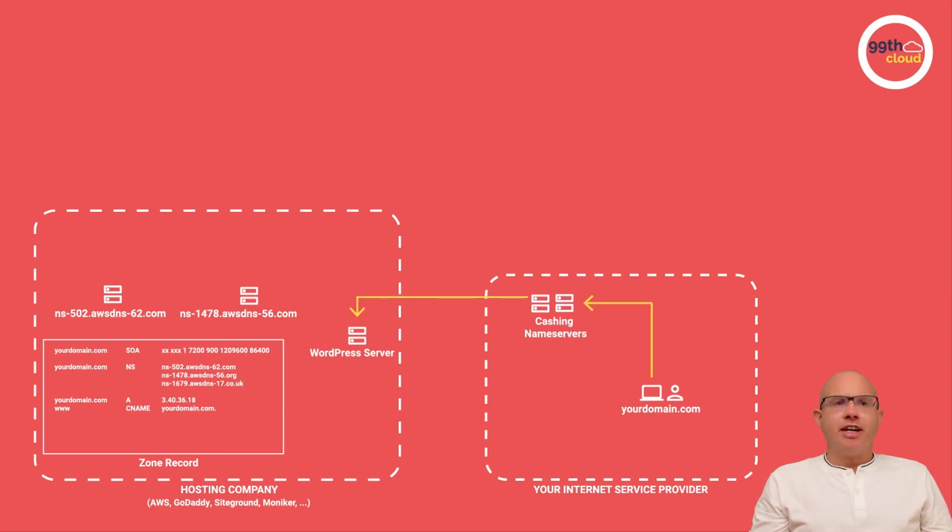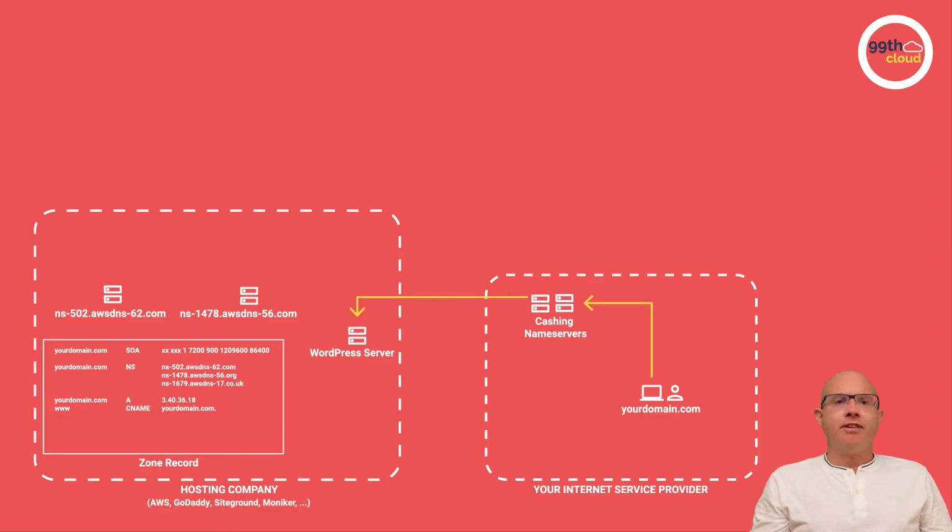So if you make a change in the zone file, it might take between 5 minutes and several hours before the record at your ISP is updated, and you might therefore wonder why your changes aren't reflected immediately when loading the site. It's because the zone record at your ISP isn't updated with the changes yet.